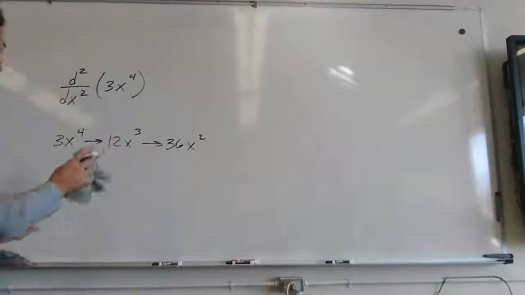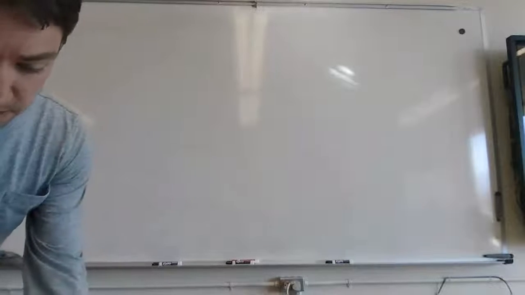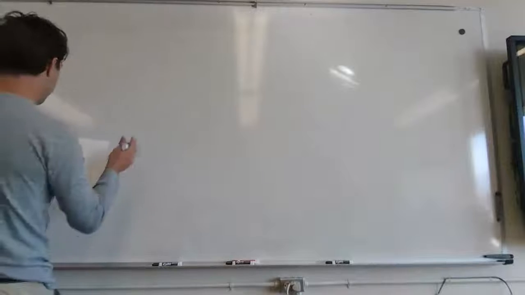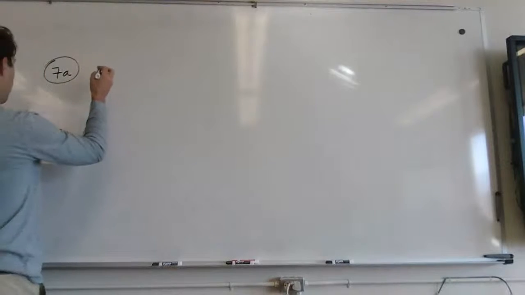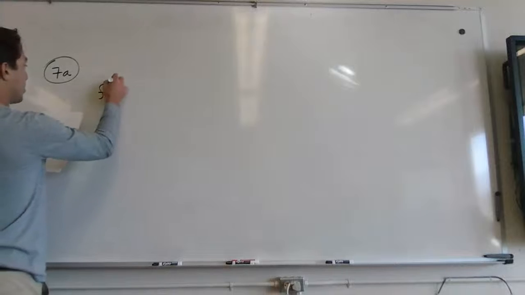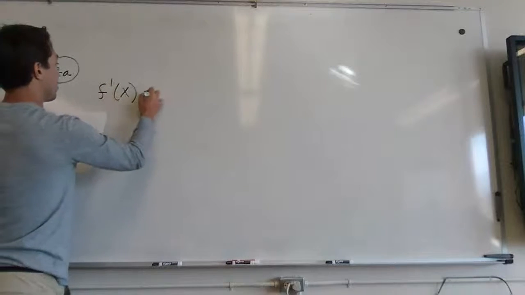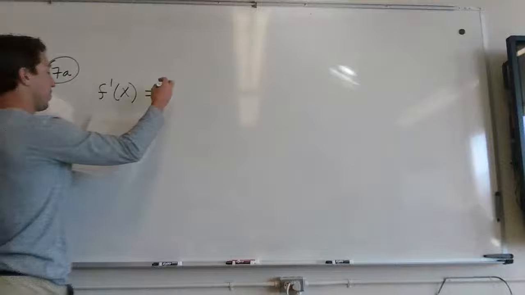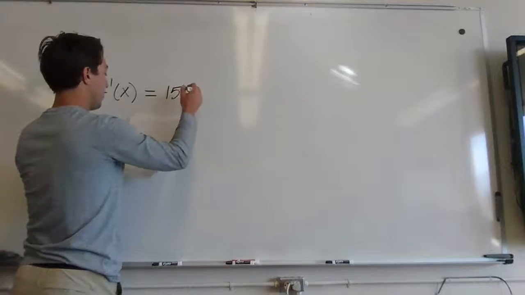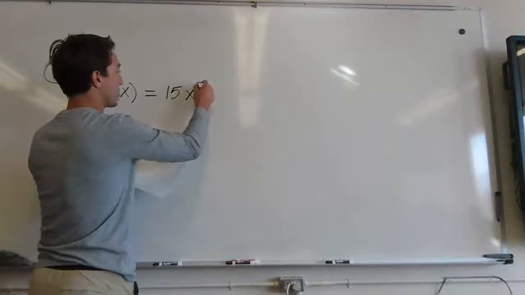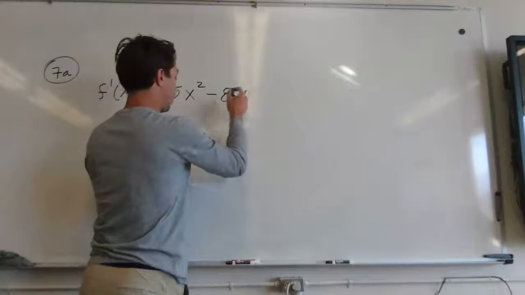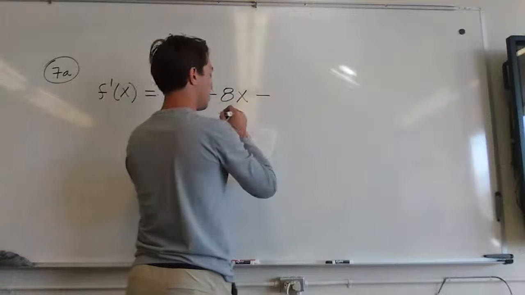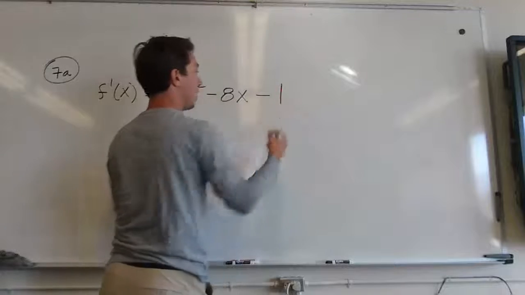This first one's 7A. All you have to do, and please show this step, is the first derivative. The first derivative is 15x squared minus 8x minus 1.